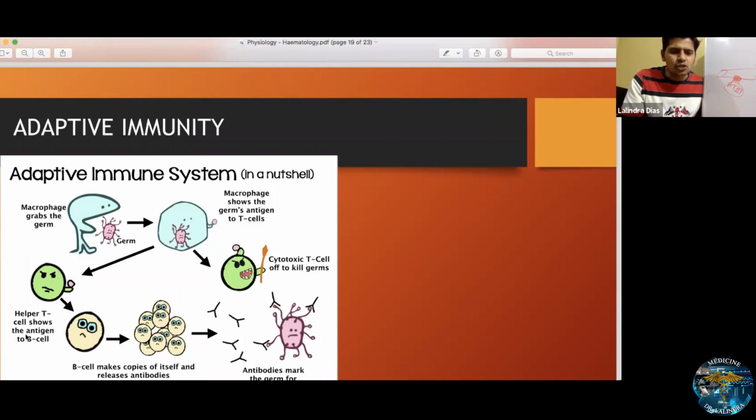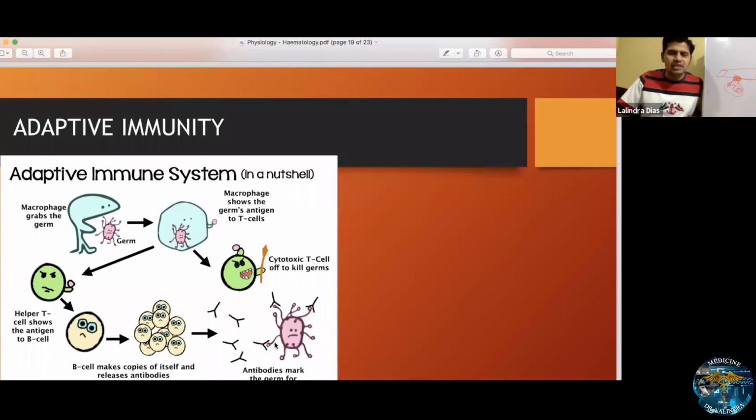Helper T cells show the antigen to B cells, the B lymphocytes, so that they will produce more and more antibodies. You can see here, these are the B lymphocytes and they have produced multiple antibodies. These antibodies go and attack the bacteria or virus or whatever infectious organism.